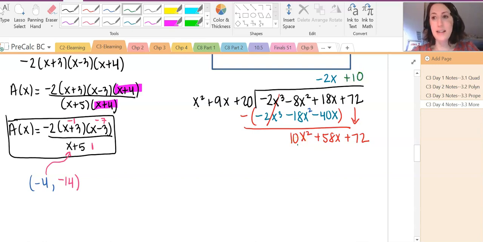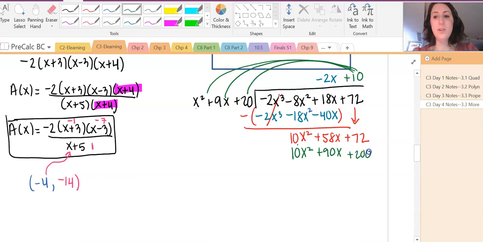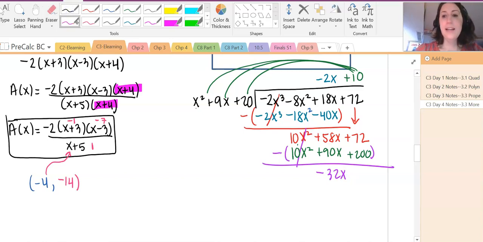It's a positive 10. Multiply. 10 times x squared, 10x squared. 10 times 9x, 90x. 10 times 20, 200. You are subtracting. 10x squared minus 10x squared cancels. 58x minus 90x is -32x. And 72 minus 200 is -128.